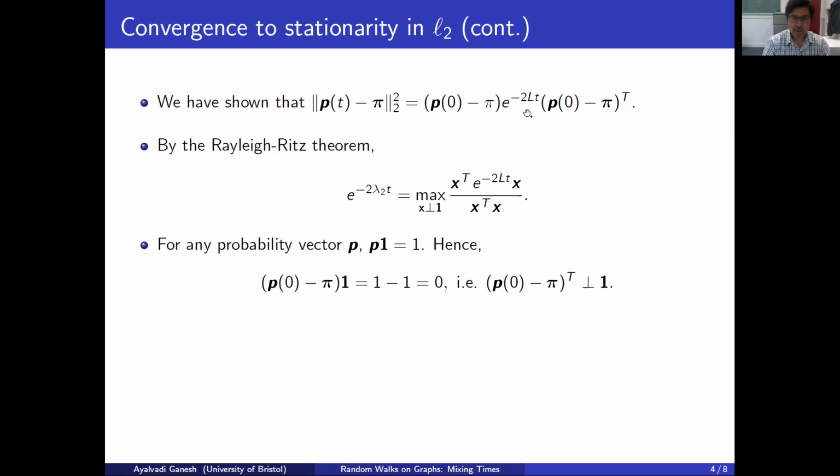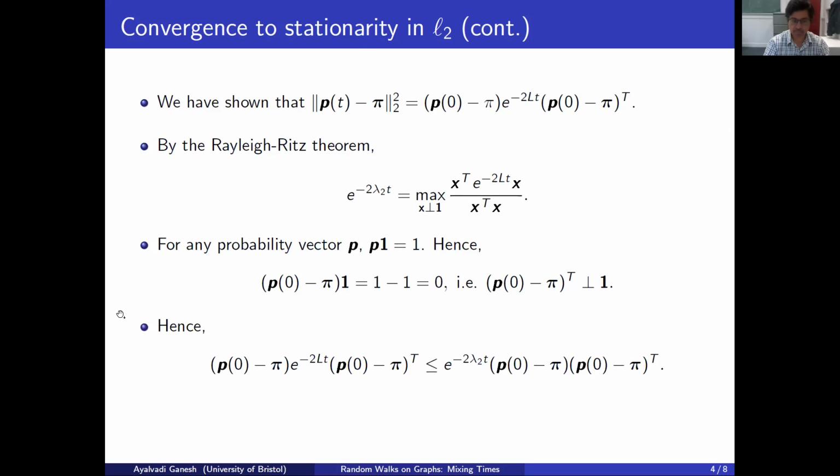Okay, and so we are looking at a quadratic form involving this vector P naught minus pi, which is orthogonal to the all one vector. And so the Rayleigh theorem tells us that the numerator is bounded above by the denominator times e to the minus 2 lambda t. The biggest possible value the numerator can achieve is the denominator times e to the minus 2 lambda t.